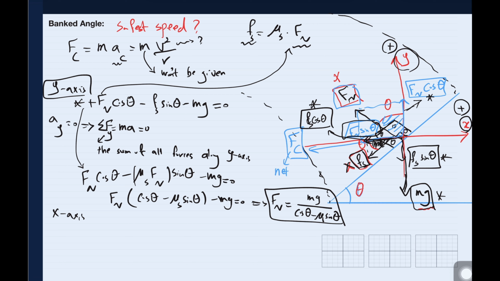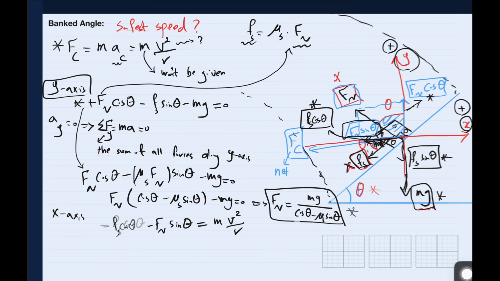So then I have negative Fs cosine theta minus Fn sine theta, right? And then how much would that be? So this is exactly equal to the centripetal acceleration. So this is going to be equal to mv squared over r. We got it from this point, right? So then here it is.